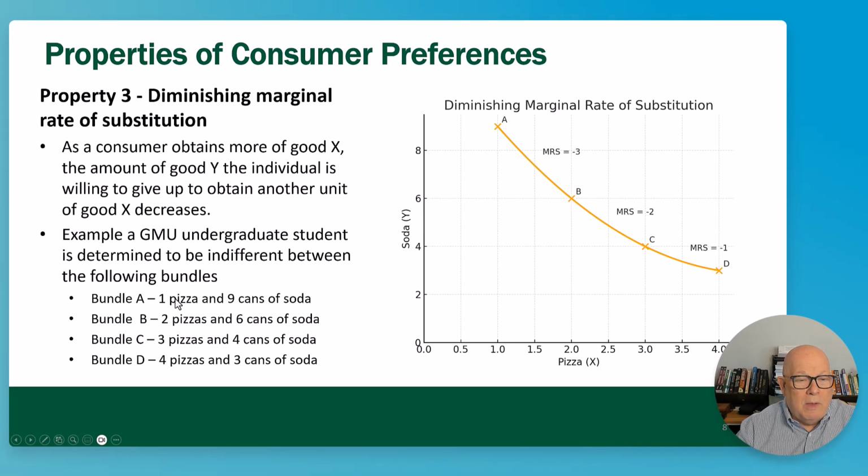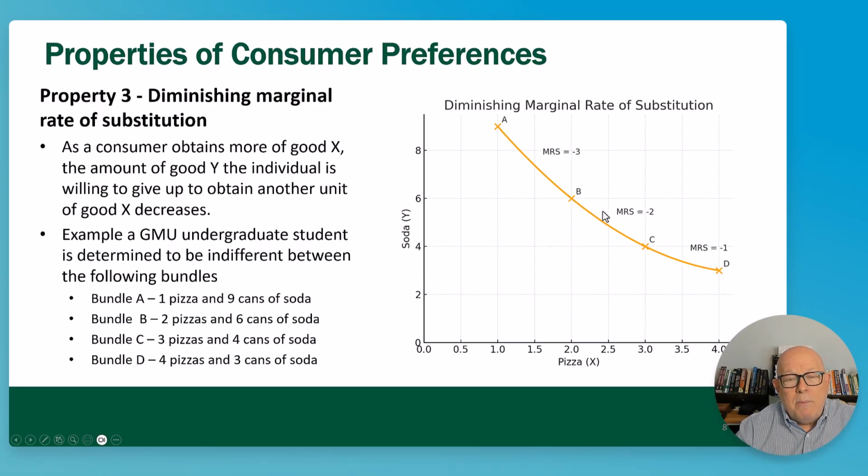So as we move from bundle A, they go from 1 pizza to 2 pizzas. So they gain 1 pizza, but they have to give up 3 cans of soda. That's a marginal rate of substitution of -3. For every additional pizza, they're willing to give up 3 cans of soda at this point on the curve.